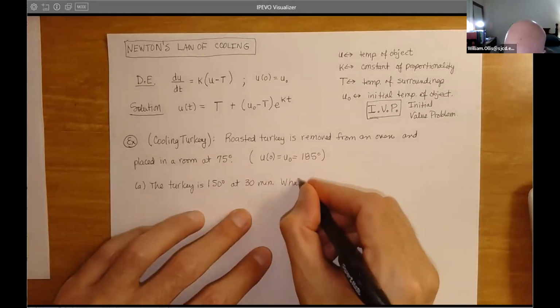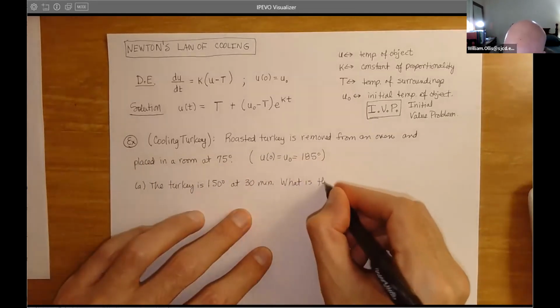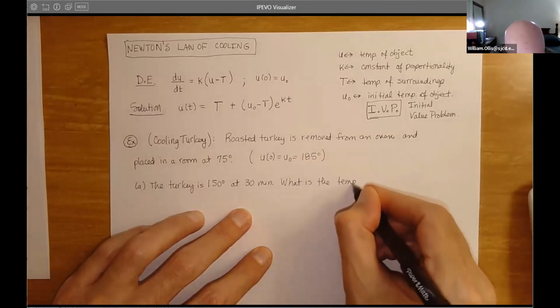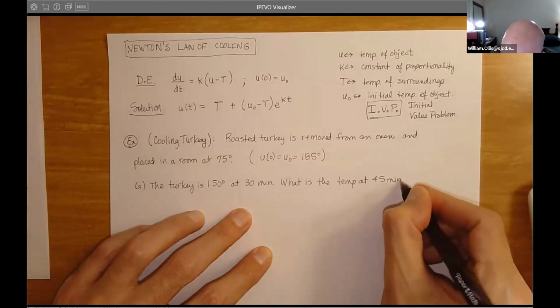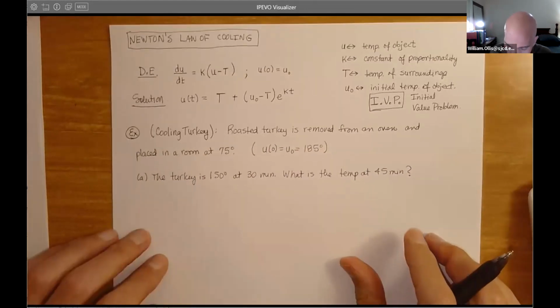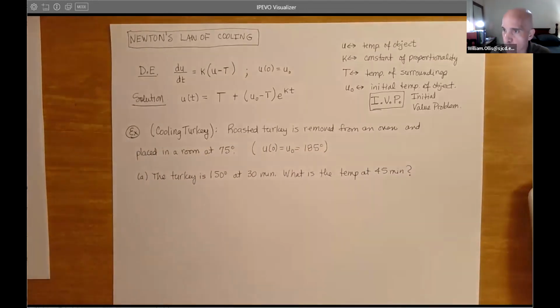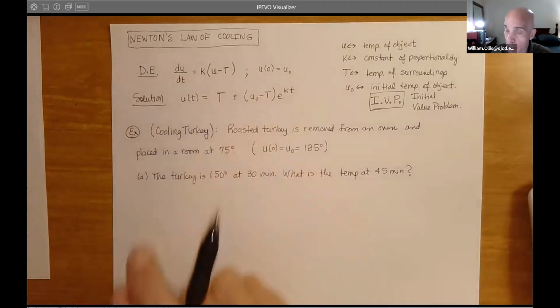What is the temperature at 45 minutes? So what we can do here is just go ahead like we did with the last one and write down all the given information and substitute that into the solution curve.